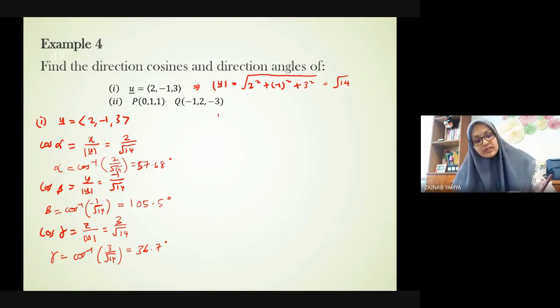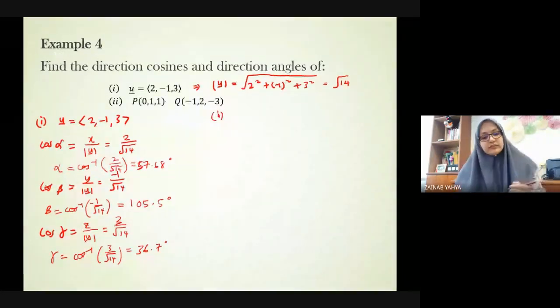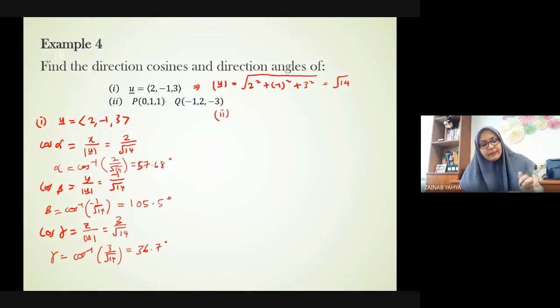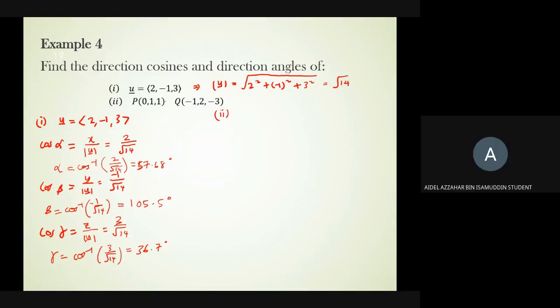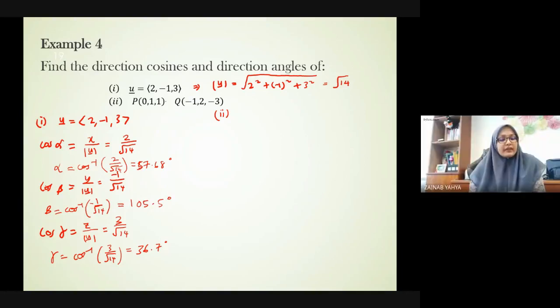For the second one, what's the vector here? Is there any given vector? What is PQ actually? Initial point and terminal point. They are coordinates, so it's a point. So we need to find a vector.